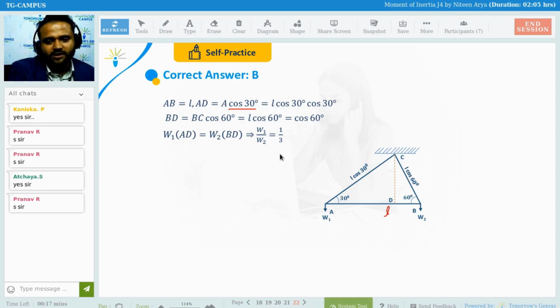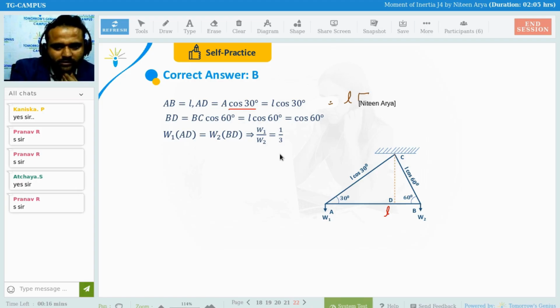And then BD is going to be BC, this L cos 60 degrees. So L is going to be cancelled here. Cos 30 and cos 60 degrees are going to play the role.